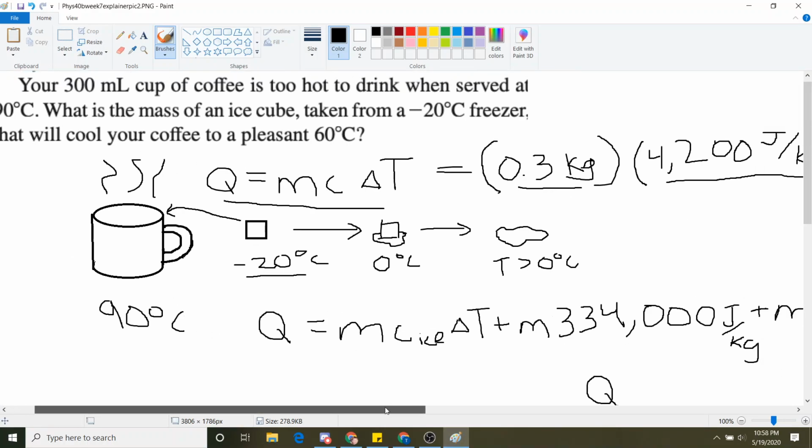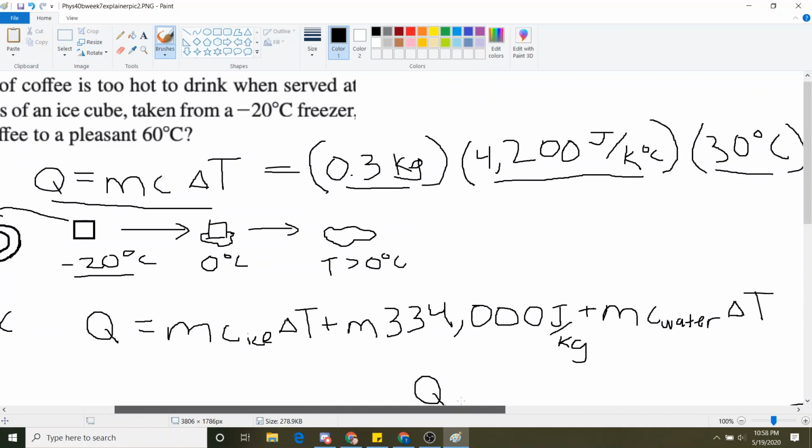When we put the ice cube in, it's going to increase from negative 20 degrees Celsius initially, since that's how it was when it got out of the freezer. So it's going to be the specific heat of ice multiplied by the mass of the ice cube multiplied by the change in temperature, which is 20 degrees, because when it gets to 0 degrees, it will have to change its state from a solid to a liquid.